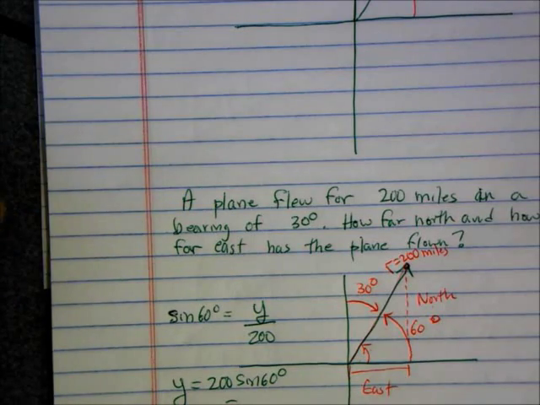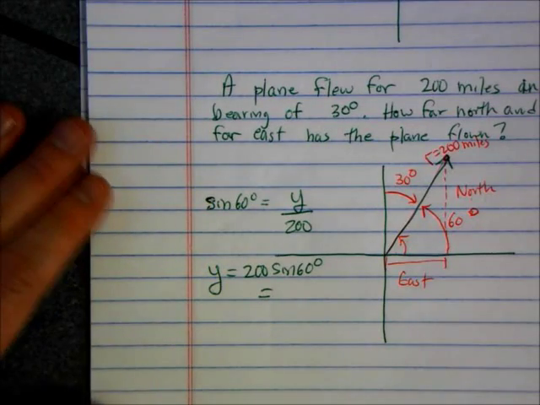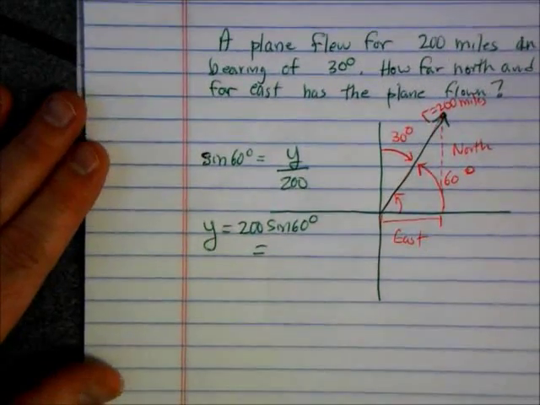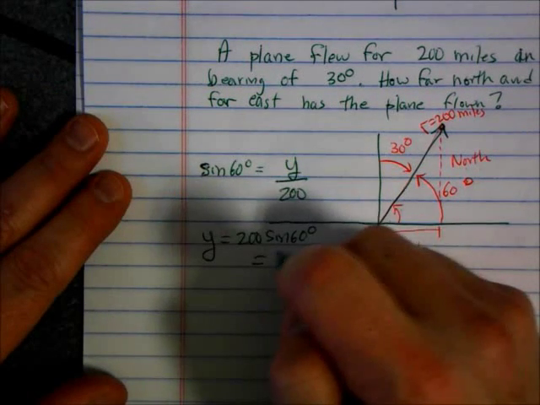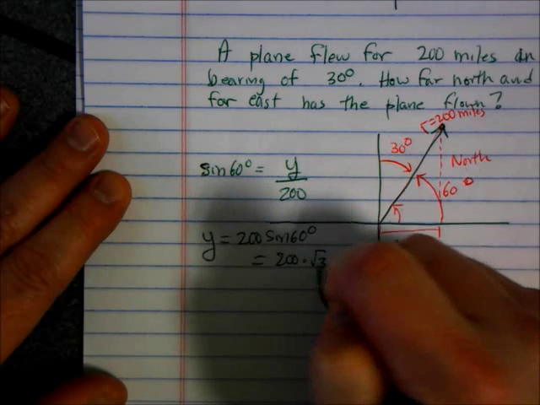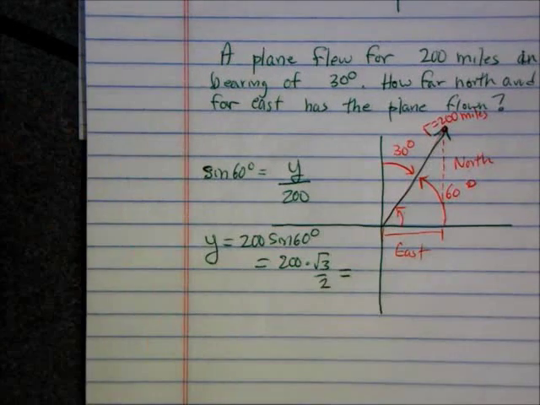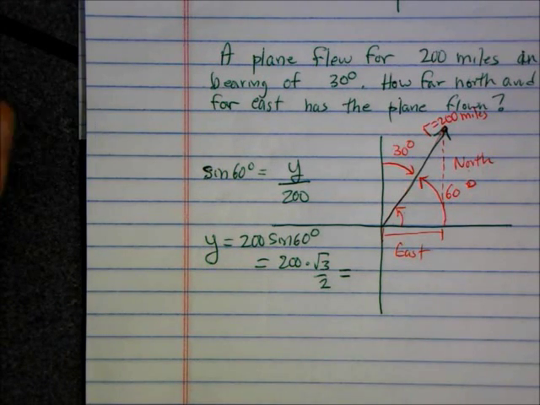Sine of 60 degrees is square root of 3 over 2. So that's going to be 200 times square root of 3 over 2. Now, in this case, I do think it would make sense to type that into my calculator and get a decimal approximation, because I want to know how many miles he went.